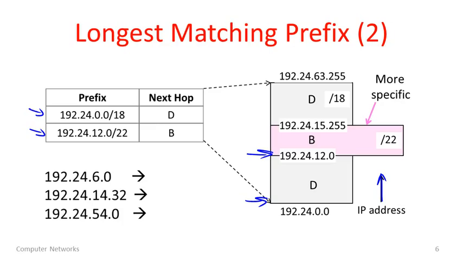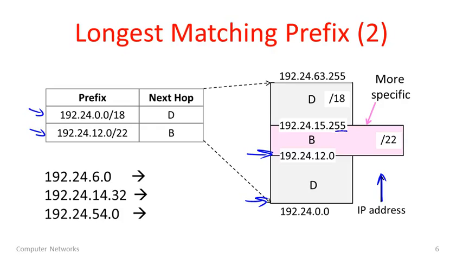Okay, so for the /22 prefix, that fixes the top 22 bits, leaves the bottom 10 bits free. So we will calculate the top address by taking 192.24.12.0 and turning on the bottom 10 bits. Well, if I do that, I'm going to turn on the bottom 8 bits for sure.